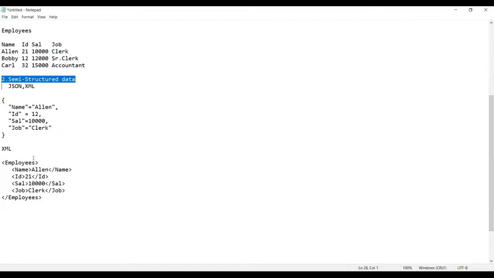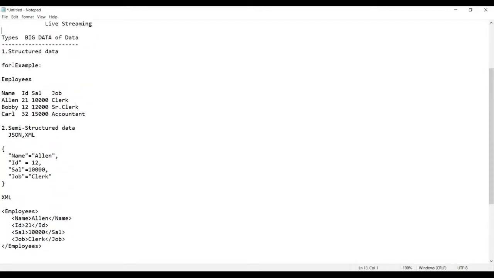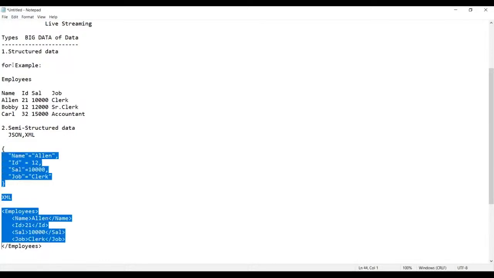So these are the two formats: extensible markup language and JSON format. That's it. Now, guys, we have already done semi-structured data and structured data. This is called structured data, where the data is recorded in proper rows and columns. And here you have semi-structured data.